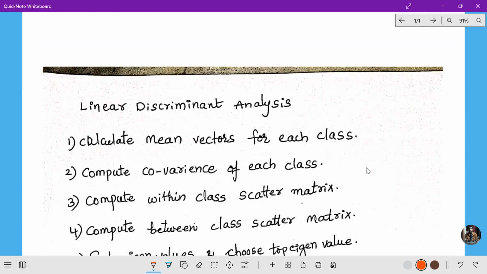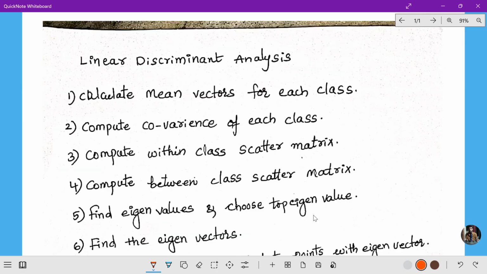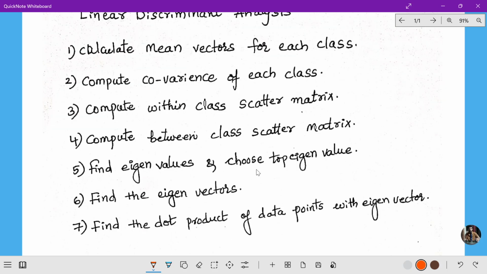Okay. So now we'll discuss the steps. What are the steps included in linear discriminant analysis? Completely there are 7 steps.